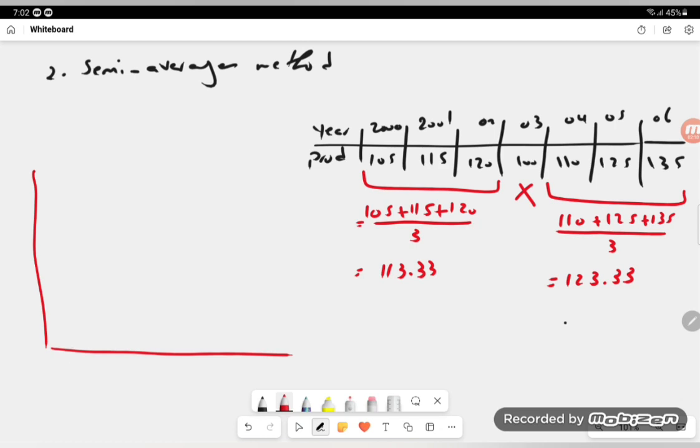And then we have to plot the graph using these 2 points. This is 2000, 2001, 2002, 2003, 2004, 2005, and 2006.